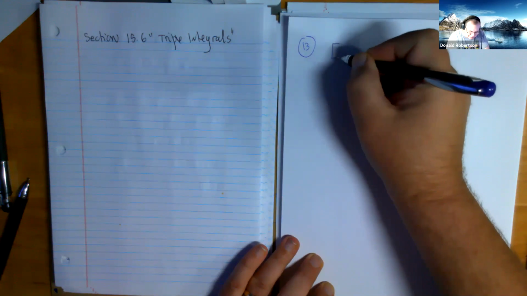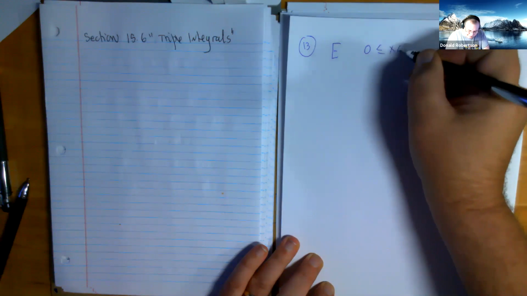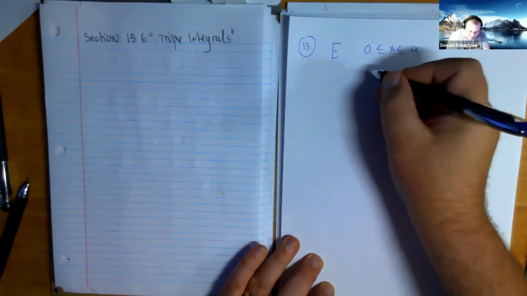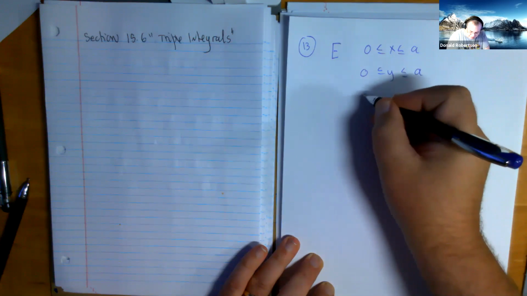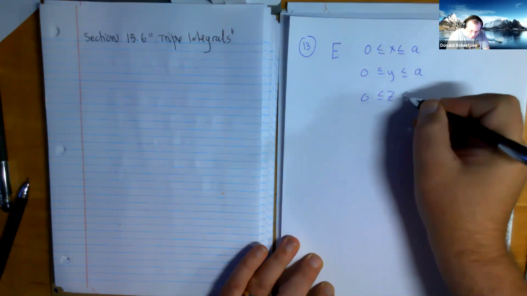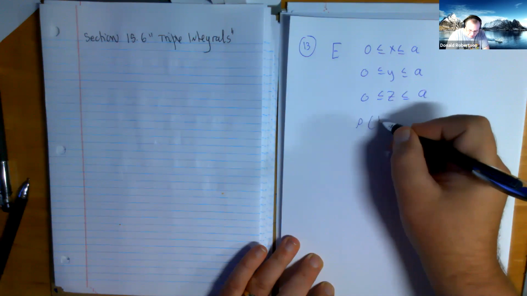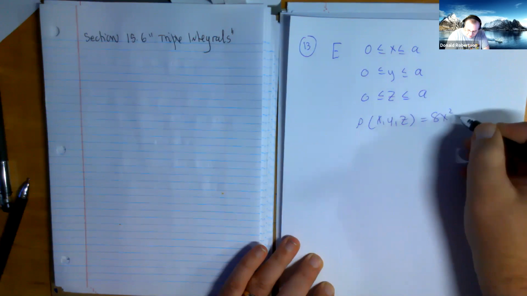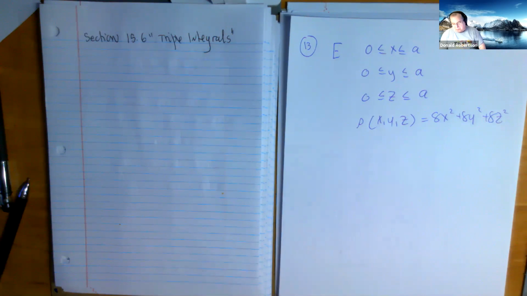We're given the region E, where X goes from 0 to A, Y goes from 0 to A, and Z goes from 0 to A, and the density function is 8x squared plus 8y squared plus 8z squared.